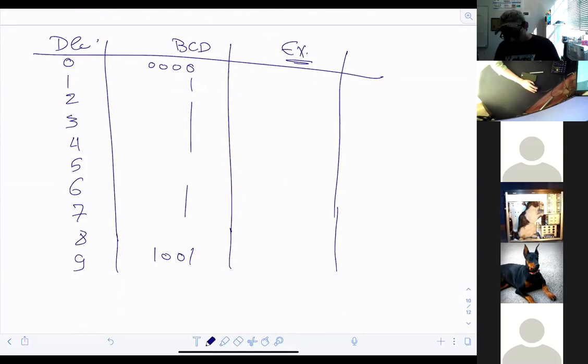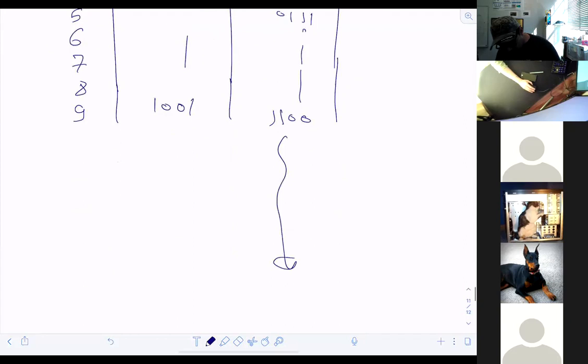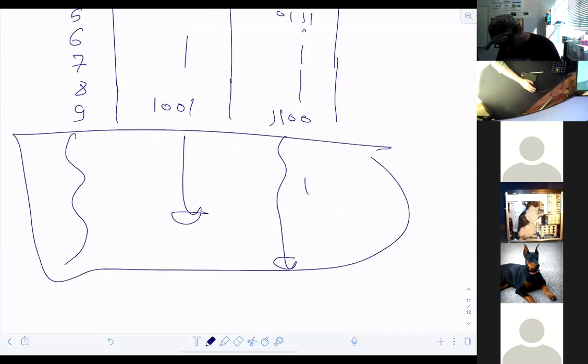Now Excess-3, this one will be incremented by 3. So it's going to be 1, 1, 0, 0. 1 will be 4, 2 will be 5, 3 will be 6, 4 would be 7. Up to here, 9 will be what? 12. The rest here, exactly like the BCD, are not used. Also in the decimal, there is no 10, 11 and 12, right? So this area is unused.